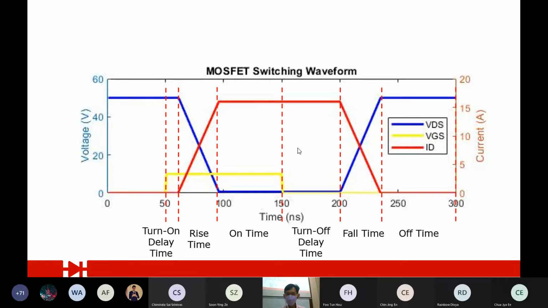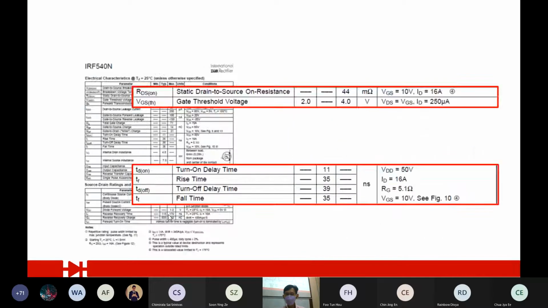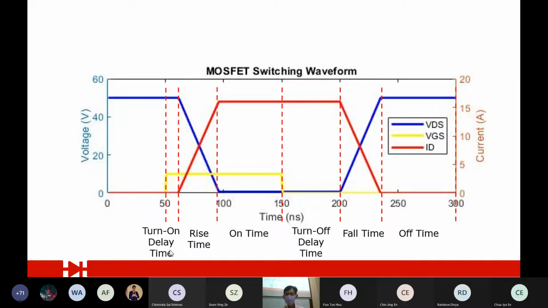Now, if we look at the switching waveform, we can divide it into 6 different phases: turn on delay time, rise time, turn on time, turn off delay time, fall time, and the off time.